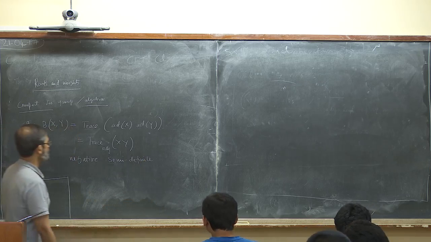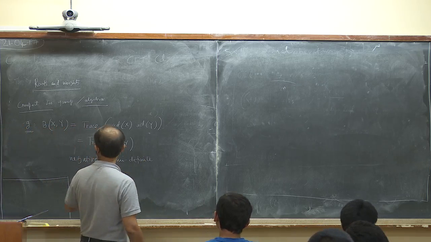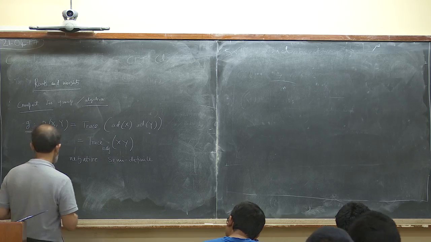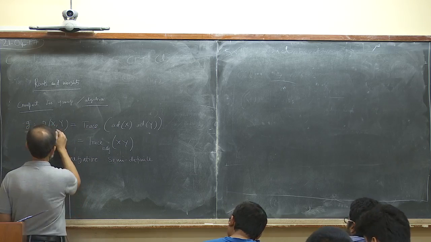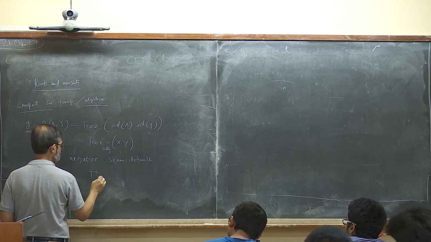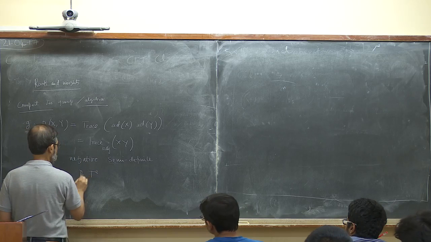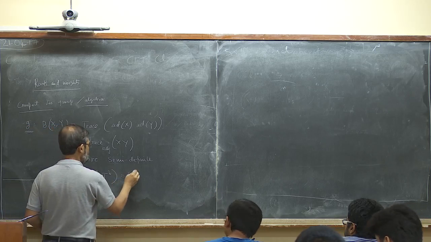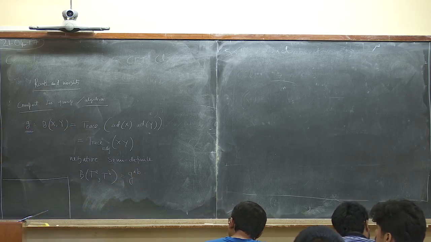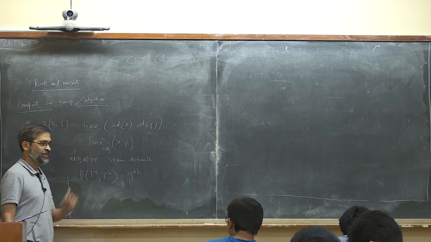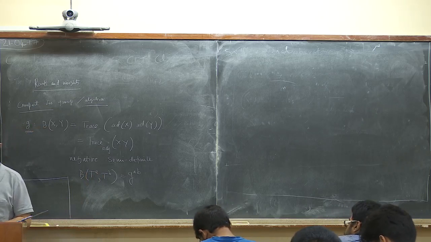That means that if you have some basis like T_A, and define trace of T_A T_B, call it G_AB, then the eigenvalues of this will be negative semi-definite, and when you multiply each of these by some i, it will be positive semi-definite.